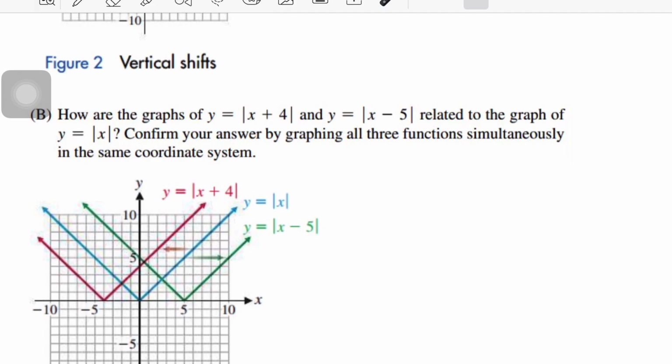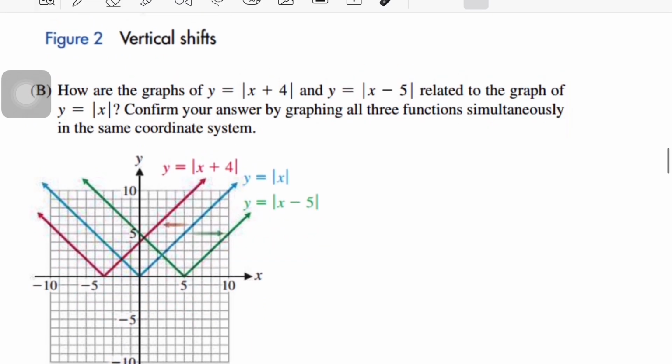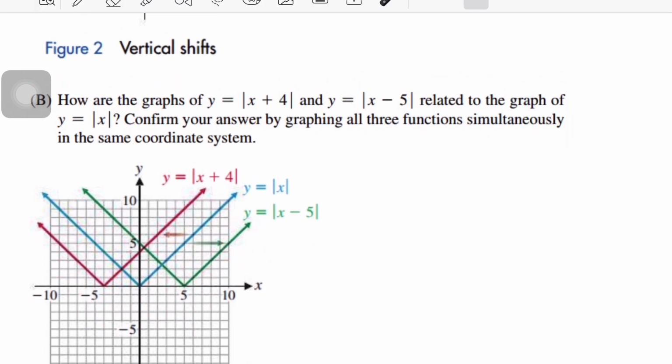So now we're going to look at how the graphs of y is equal to the absolute value of x plus 4 and y is equal to the absolute value of x minus 5 related to our graph of the absolute value of x. So what we'll do for this one is the same thing that we did for example A. We will just plug in values and see what is outputted. So this blue graph here is our absolute value of x.